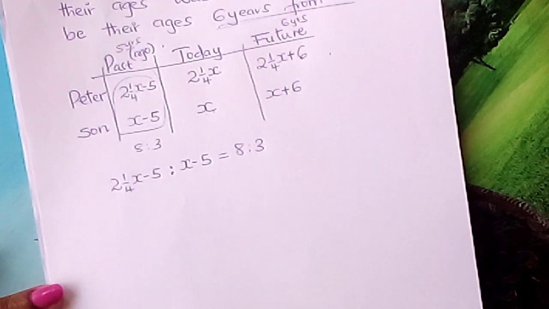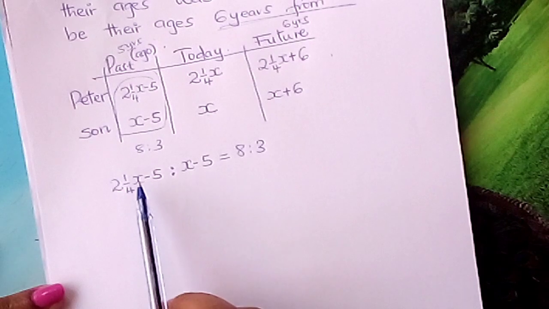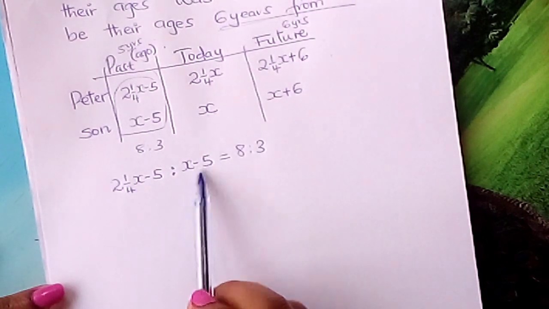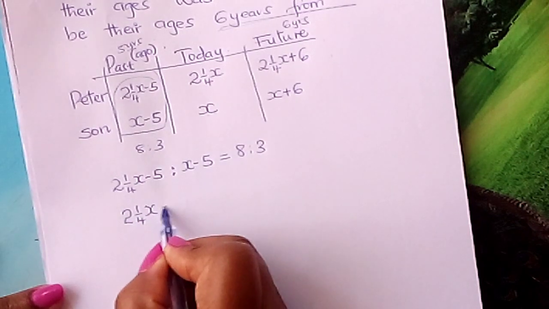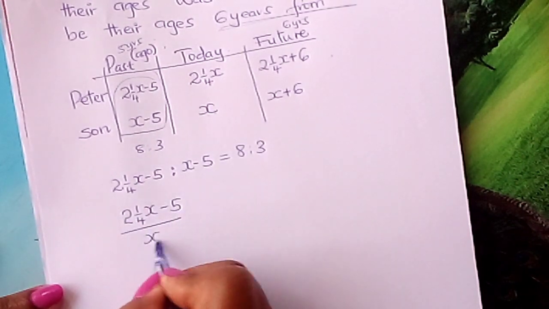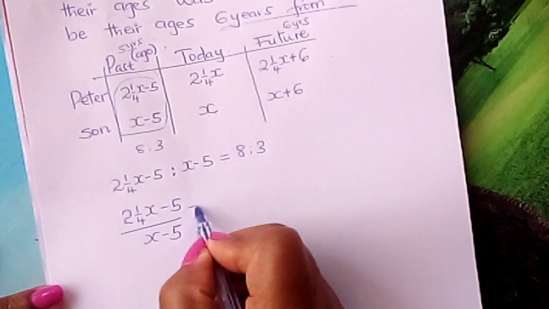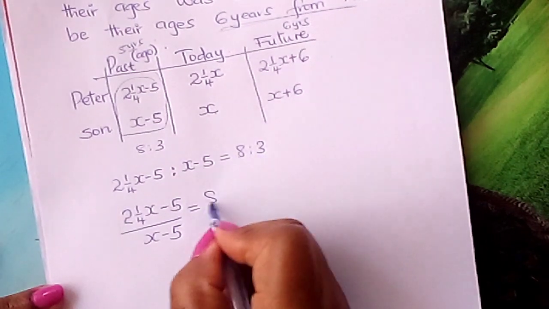We know that these ratios can be written as fractions. So we have 2 1/4 X minus 5 divided by X minus 5 is equal to 8/3.